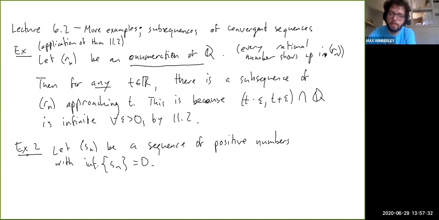Not the lim inf. Notice this is literally just the infimum of all of the terms. Then there exists a subsequence converging to 0.